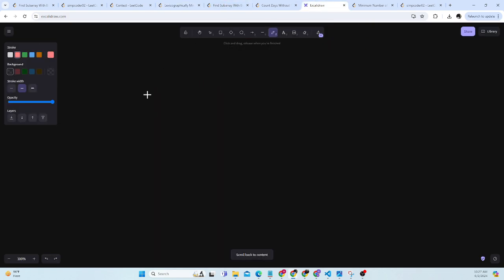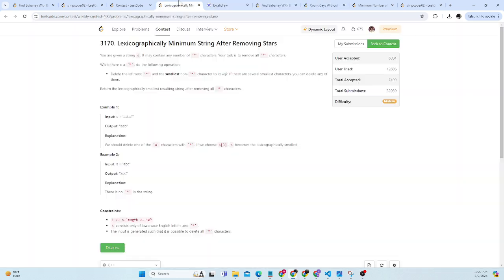So let's say we have a string like this. Let me elaborate the problem. What does the problem say? Let's say we have AABA star. Whenever we encounter a star, we look at all the characters before that star and find the smallest character.